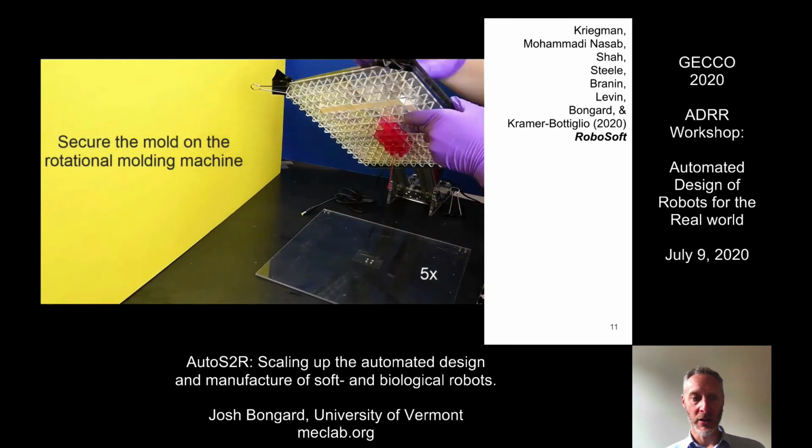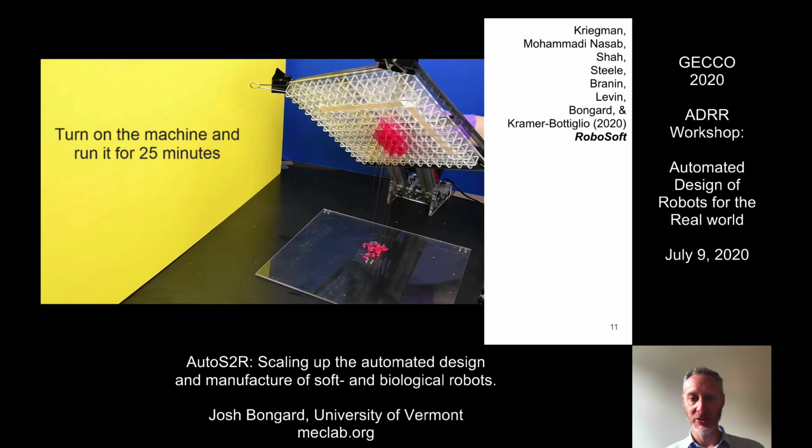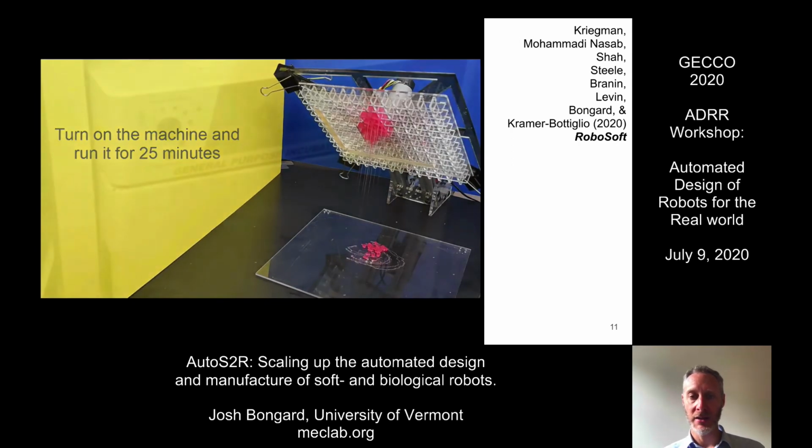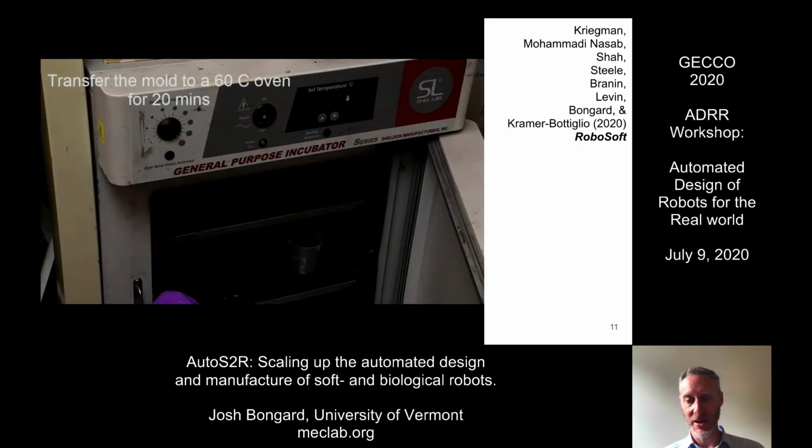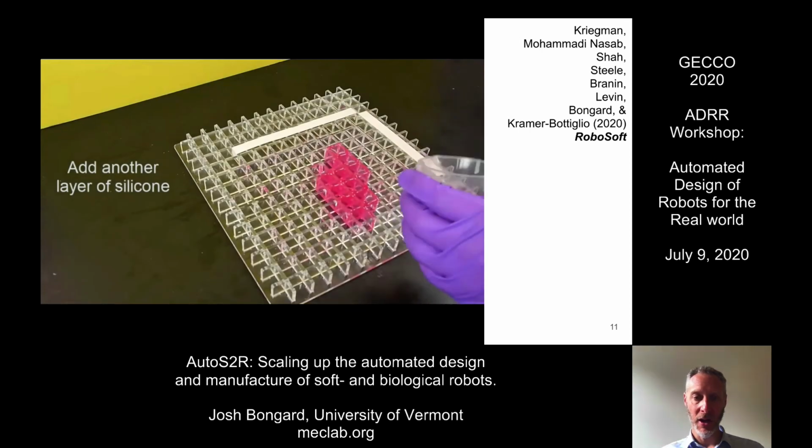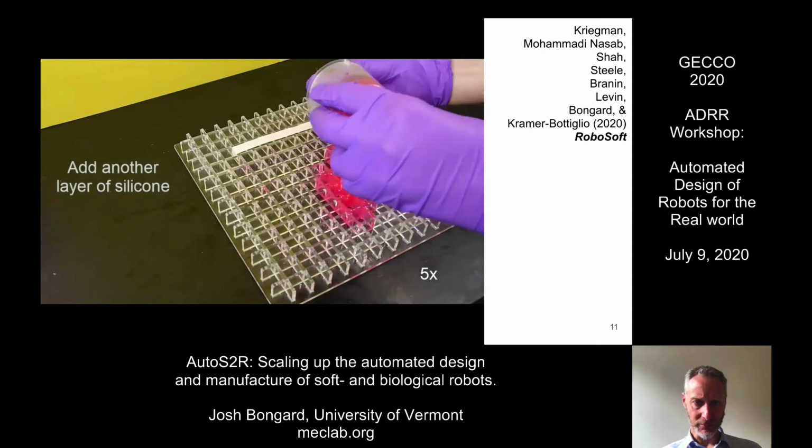Putting this on this rotational molding machine allows us to automatically try and create a uniform deposition of the elastomeric material on the 5 edges.